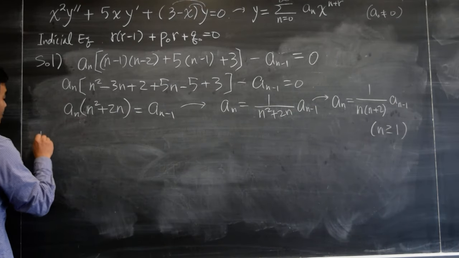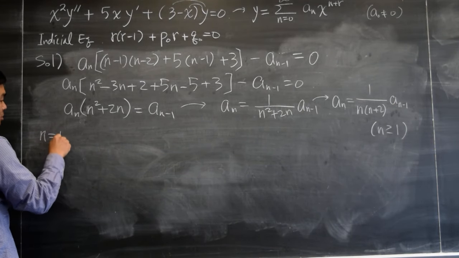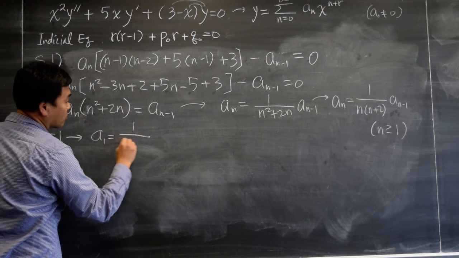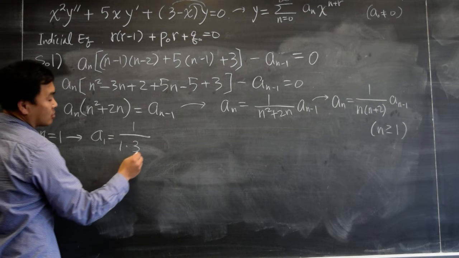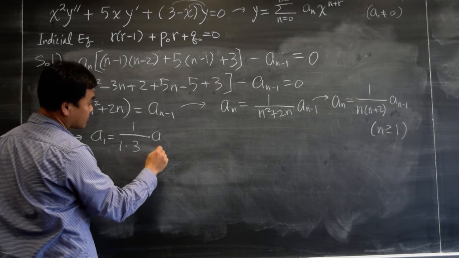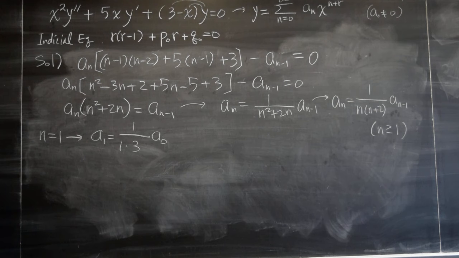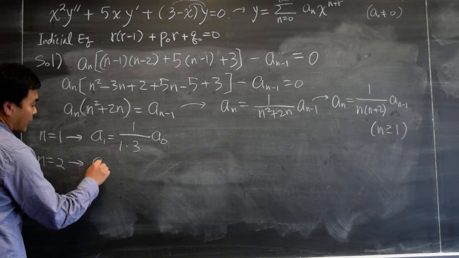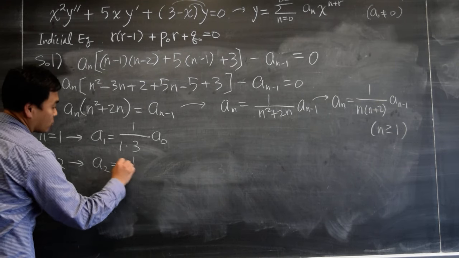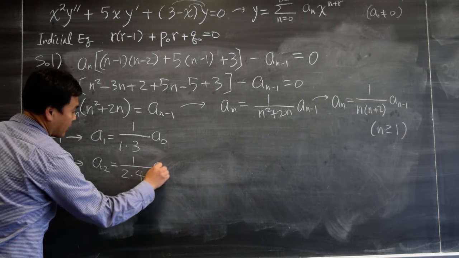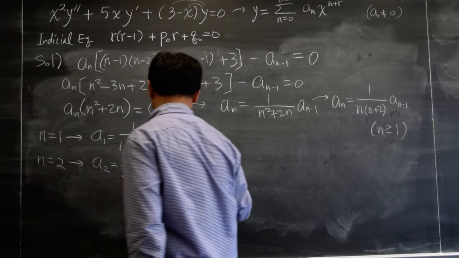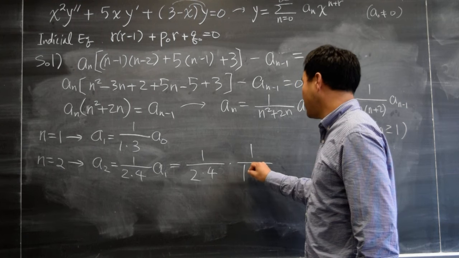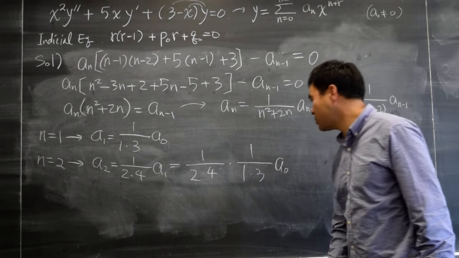So let's see what that recurrence relation says when n is equal to 1. That means a1 is 1 over 1 times 3 times a0. Right? Okay. For n equals 2, a2 equals 1 over 2 times 4 times a1, which is, by the way, 1 over 1 times 3 times a0.